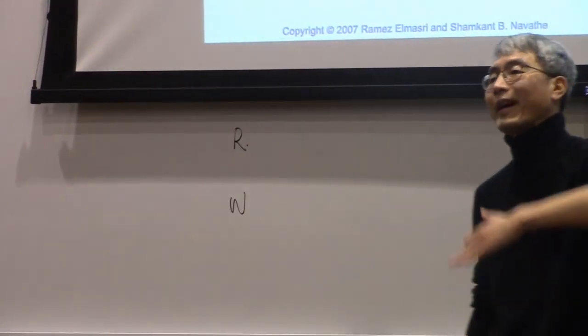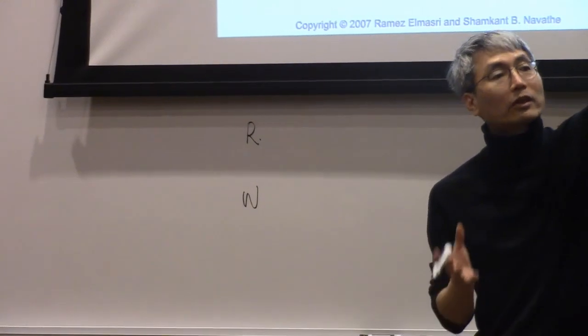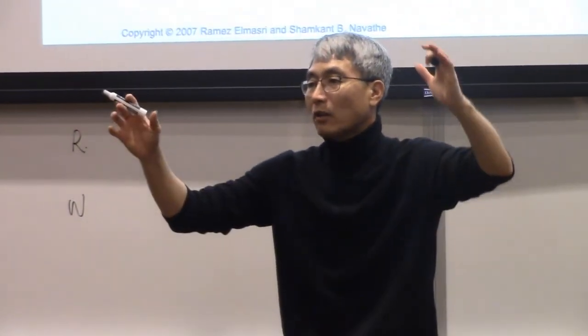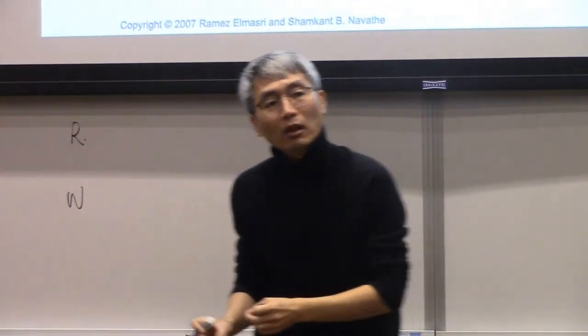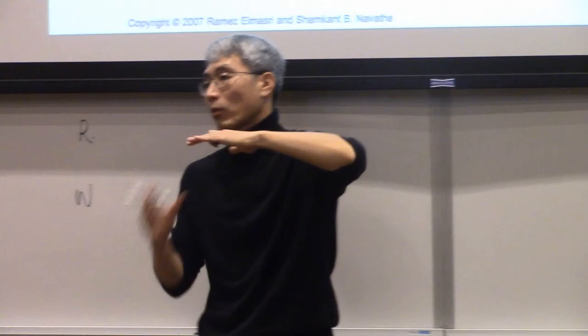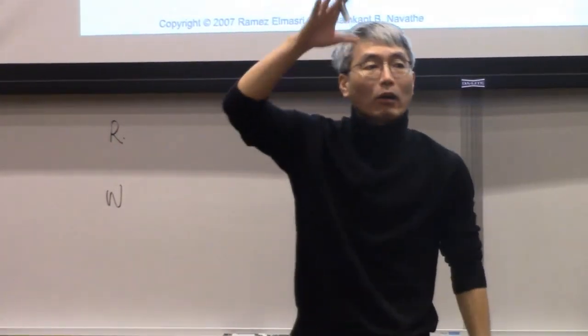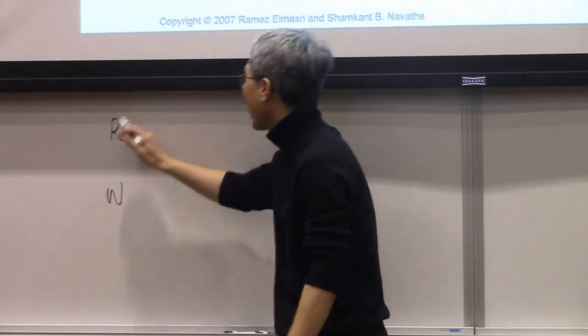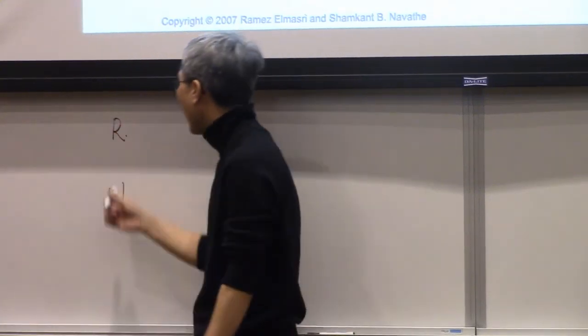There are different granularities: you can read the entire database, or you can write the entire database, from the database level down to a single value level. It doesn't matter what the level of granularity is, we are going to read or write the data.